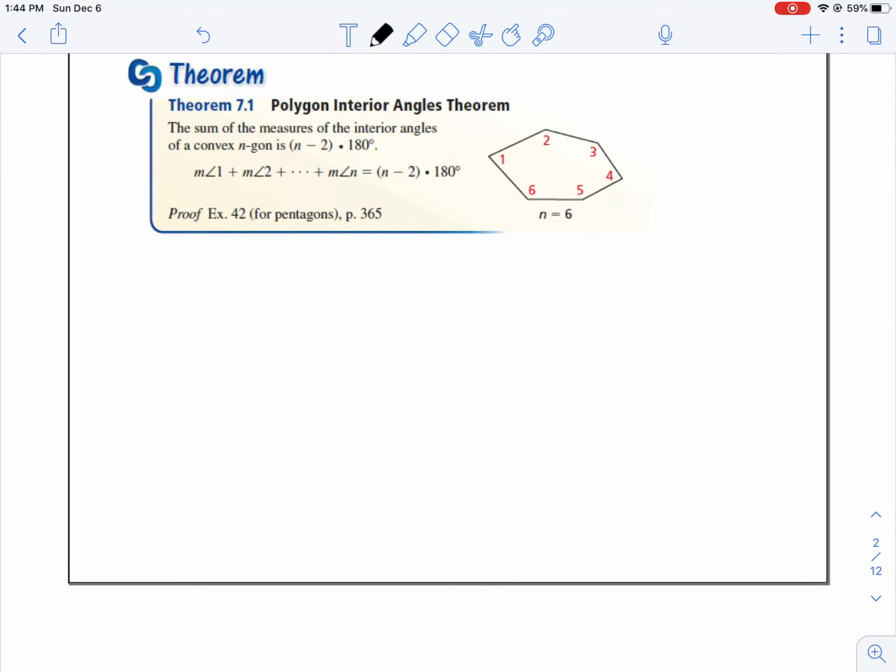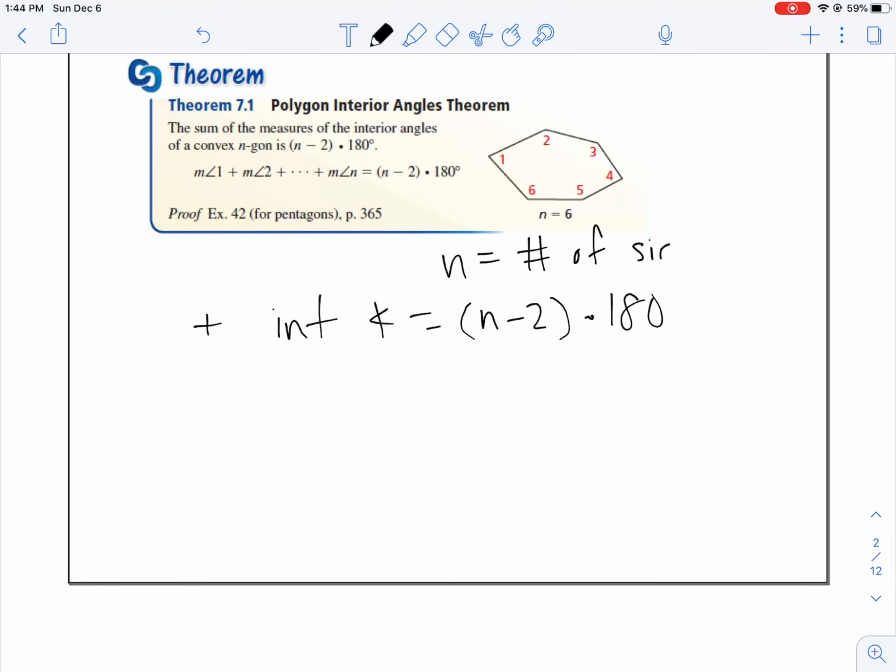So first thing, the sum of the interior angles is equal to n minus 2 times 180, where n is your number of sides. So if we look at this first example, our shape has 6 sides. 1, 2, 3, 4, 5, 6. So your n would be 6.